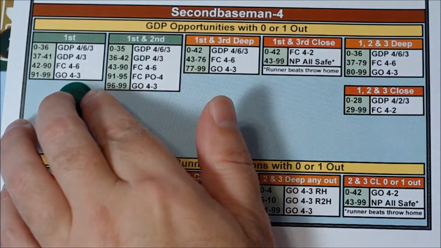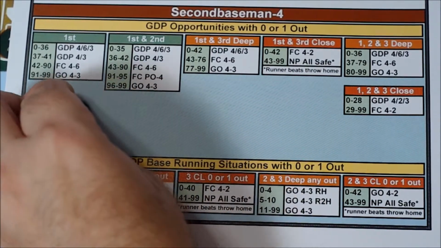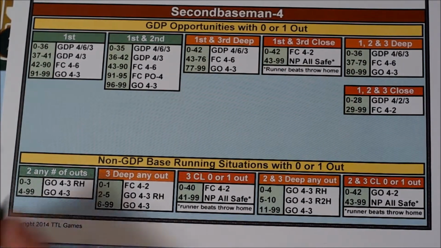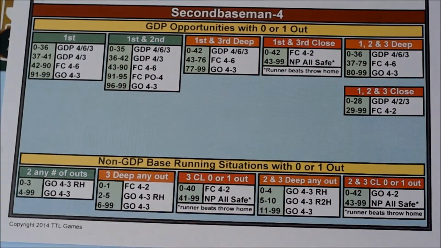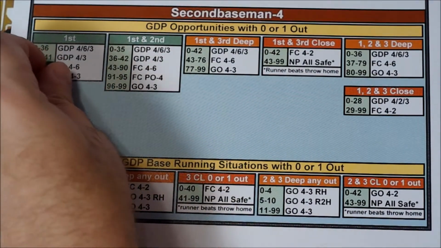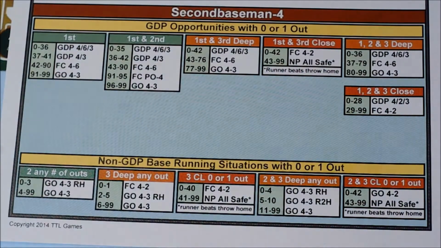So say we have a runner at first, and you do a ground out determination roll, which is just another red and white die roll, and say you roll 38. That would give you a ground into double play for a 3.